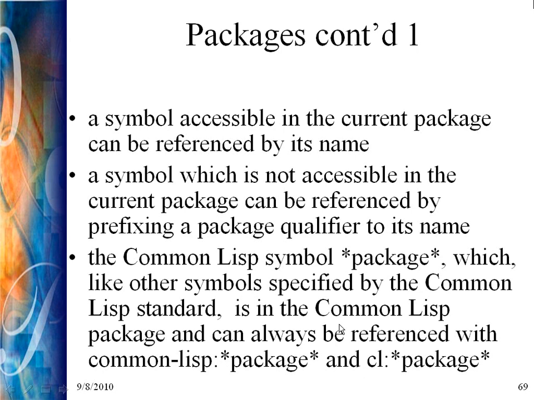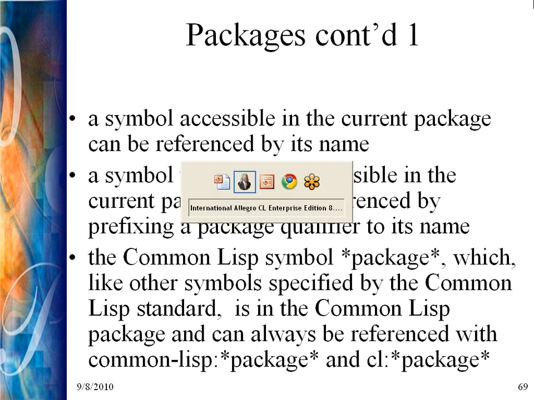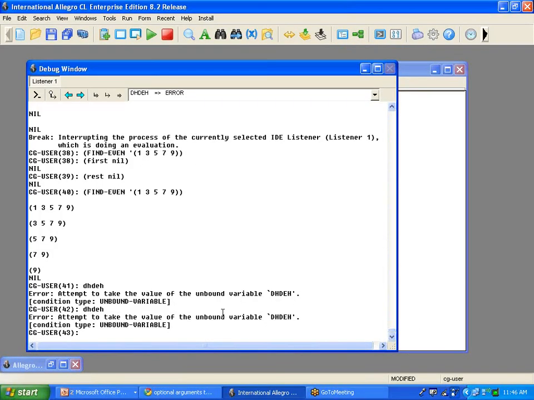So what do we mean by this? Let's just give some examples. Symbols, remember, are, here is the Common Lisp symbol which defines a function list. So if we do, I was going to do control, let's do describe.